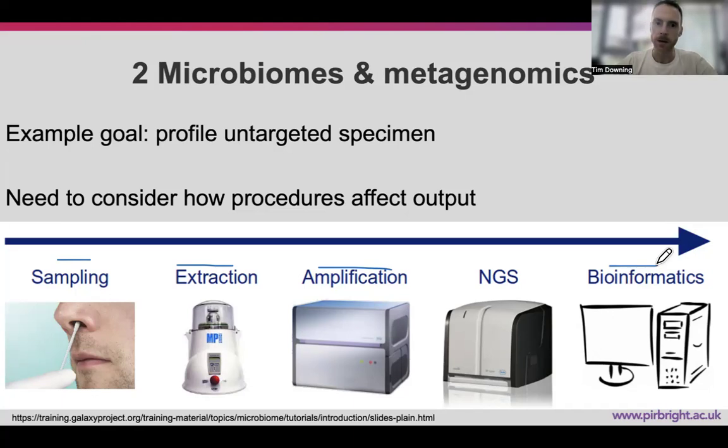You can see that the steps along the way all feed into each other. Therefore, if we're trying to do computational analyses, we need to understand the prior steps to really understand what bioinformatic approach is most appropriate. If we don't have that sort of context in the data, then we're just wasting our time. It's not going to be useful.